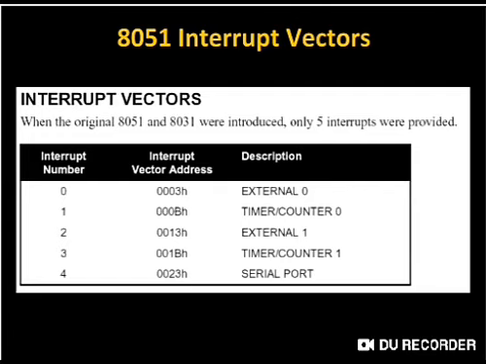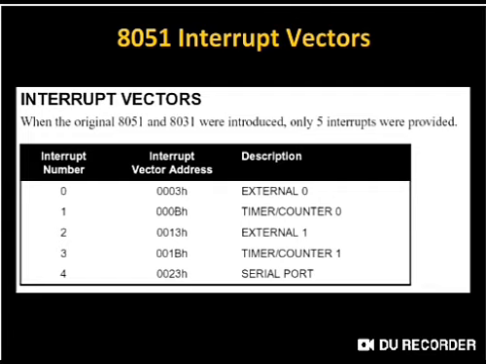Another one is timer interrupt 0, that is 000BH. Similarly, the third interrupt, external interrupt 1, is 0013H, timer 1 is 001BH and serial port is 0023H.